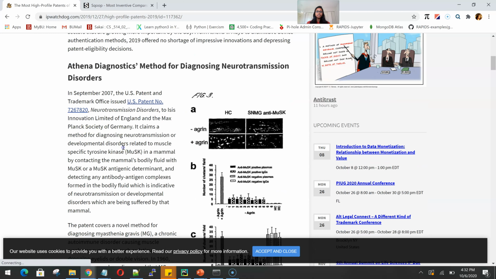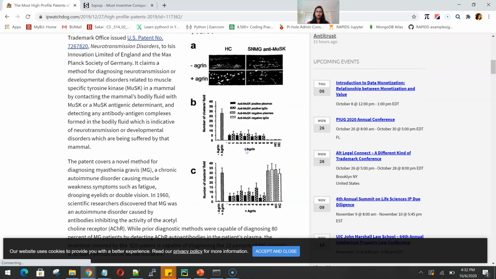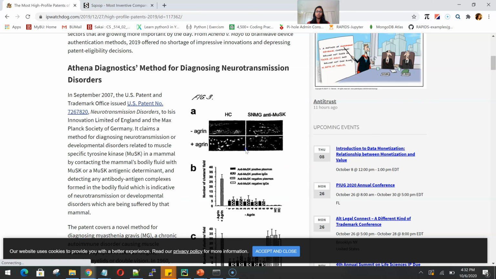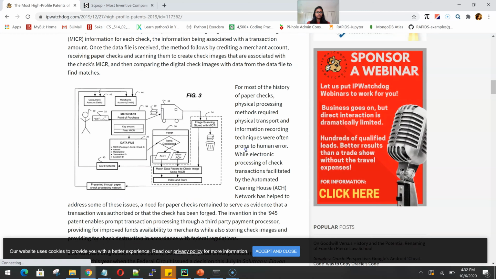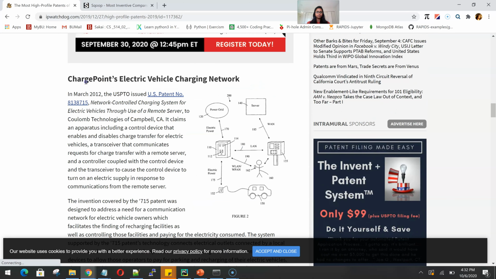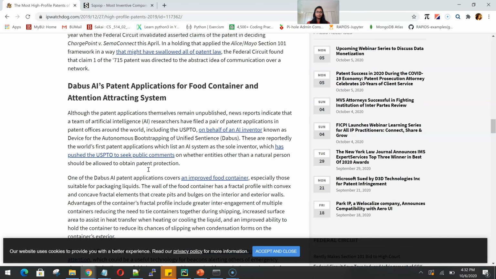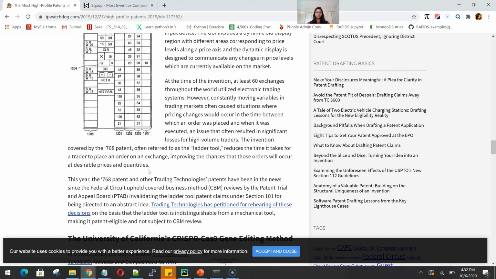You can actually read through this and see the interesting information of how a patent is filed and on what all fields it is filed for. So ChargePoint's electric vehicle charging network. The details in this are very interesting and I would encourage you to go through this at least once.